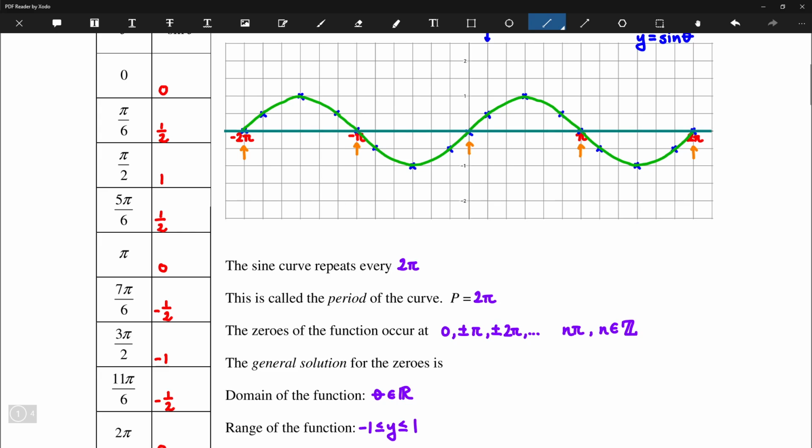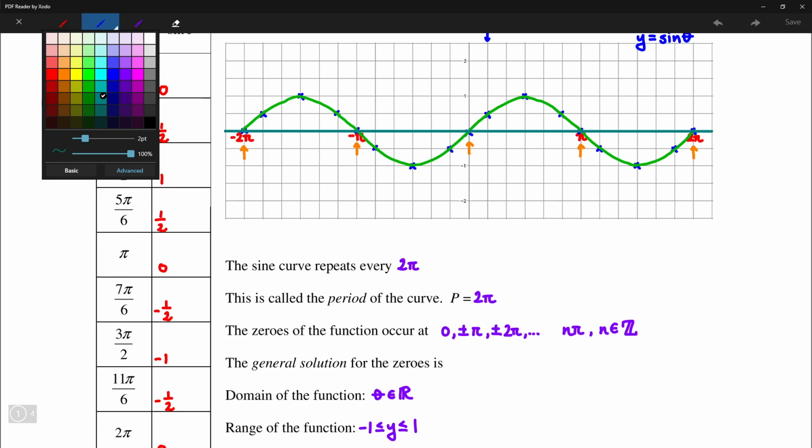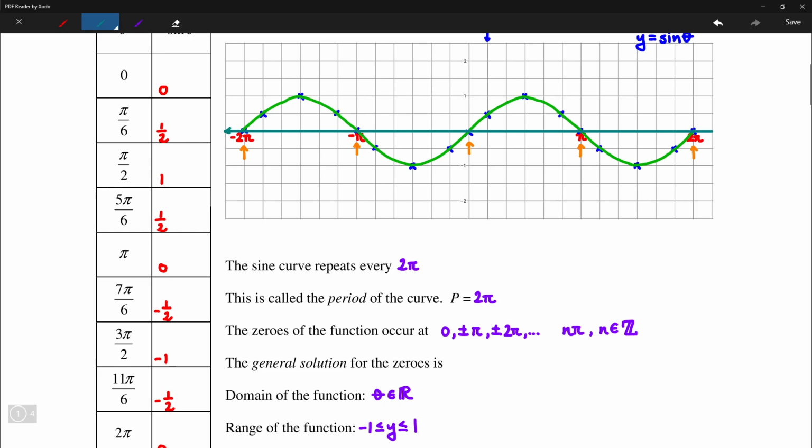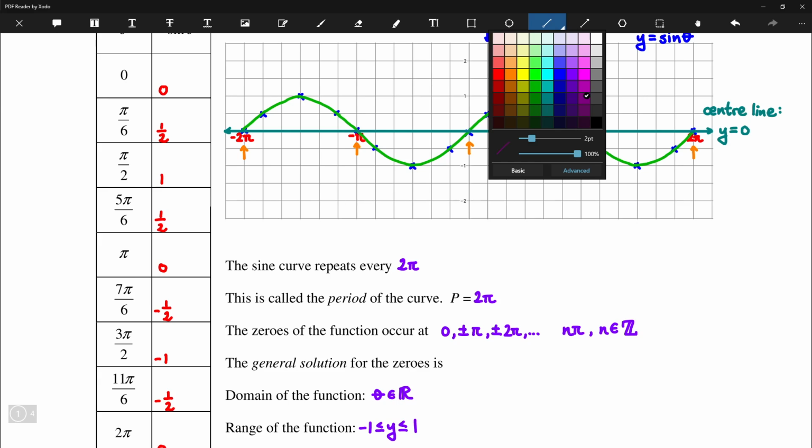In this case, y equals 0 is the center line. And the distance from the center line to the maximum or minimum of this graph is called the amplitude, and the amplitude in this case is 1. So we can mark that in as well.